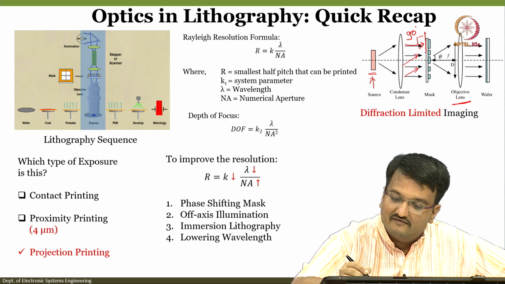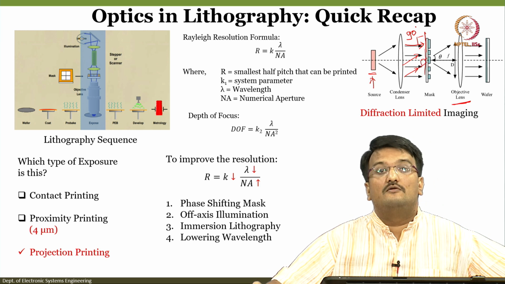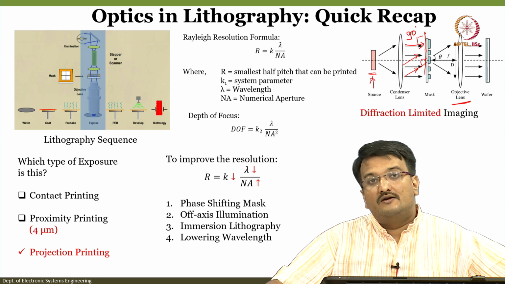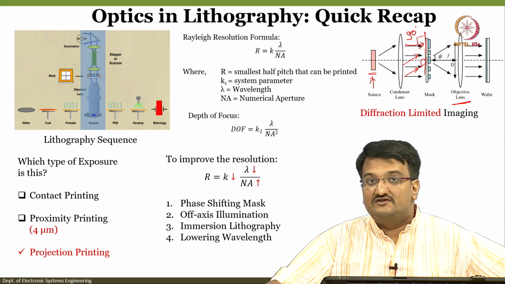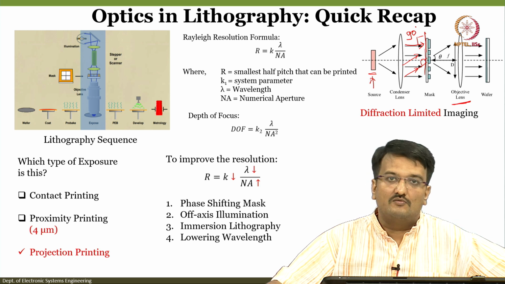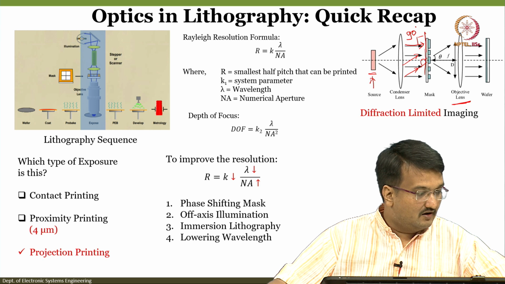Whenever it hits at a certain angle, not 90 degree, that is called oblique illumination, and as a result you will get different types of beams reaching your wafer. It is a 2 beam imaging. I have discussed briefly about 3 beam and 2 beam imaging as well. So, that is another point.